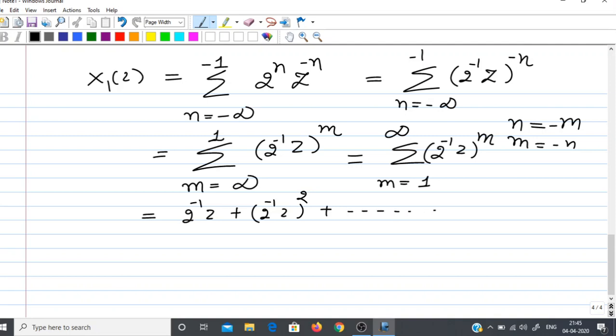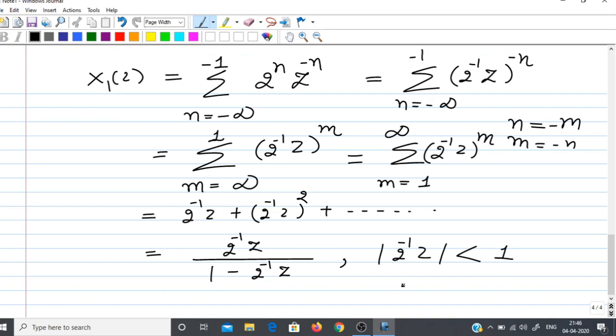We know that the summation of an infinite GP is A0 upon 1 minus R, provided that mod R is less than 1, where A0 is the first term and R is the common ratio. So this summation is 2 inverse z upon 1 minus 2 inverse z, but this is possible only when the mod of the common ratio, 2 inverse z, is less than 1.